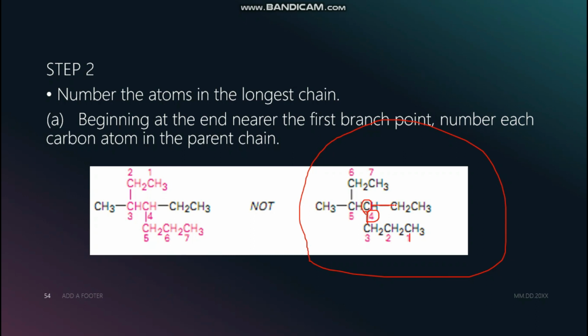But on this one, when we count here, 1, 2, 3, 4, 5, 6, 7, the first branch point is on the third carbon, where there is a methyl group. So that's step number 2: number the atoms in the longest chain, beginning at the end nearer the first branch point.